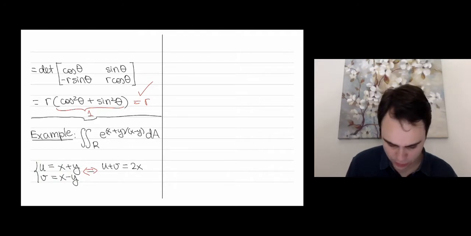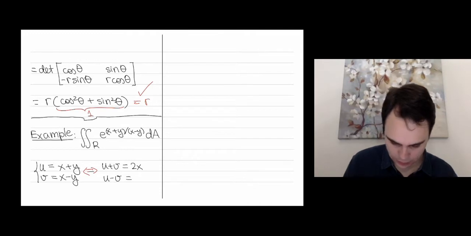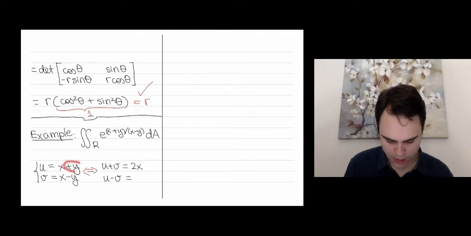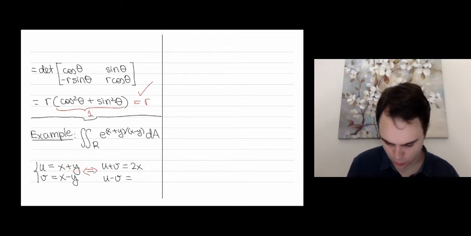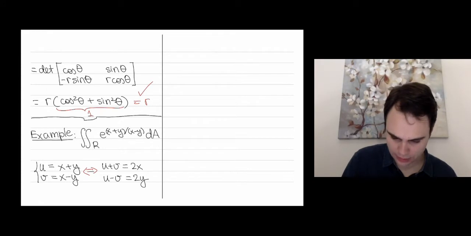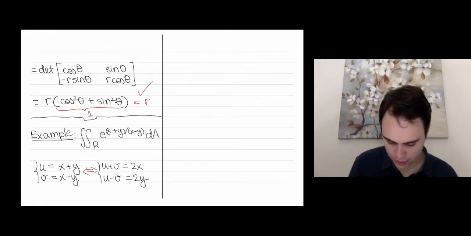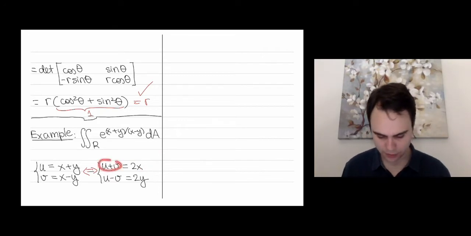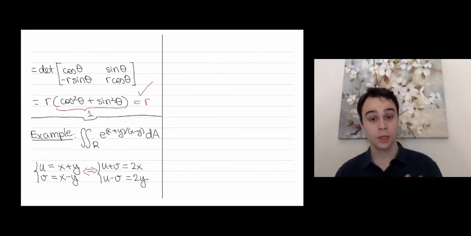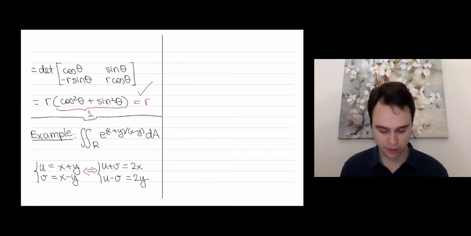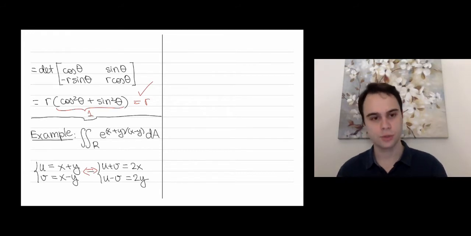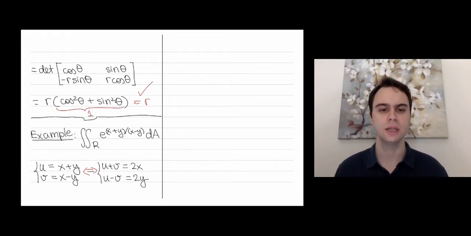If I subtract the two equations, u minus v is equal to x minus x, so that's 0, then y minus minus y, that's 2y. So you can see that x is a half of u plus v, and y is a half of u minus v. If I know x and y, I can get u and v by these formulas, and if I know u and v, I can get back x and y by these other two formulas. So u and v are a valid coordinate system in the xy plane.